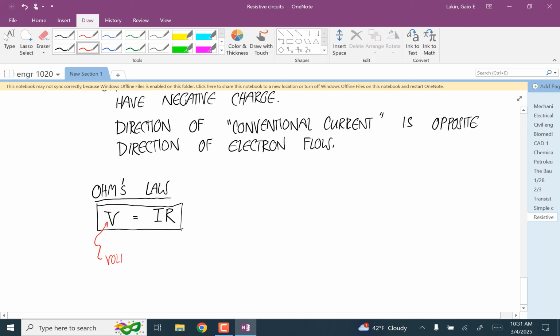So this is the voltage, this is the current, this is the resistance. And like we talked about before, intuitively, for a given difference in electric potentials between the two ends of a wire, you expect if the resistance goes up, the current is going to go down. And that's what this relationship says.